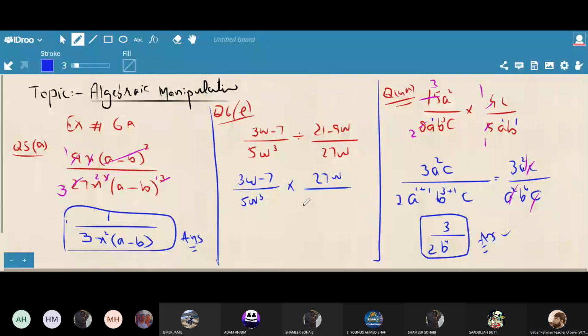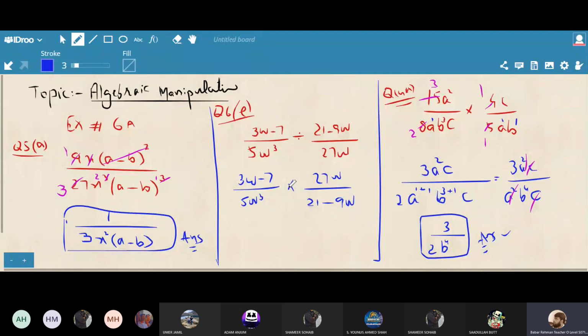No. We should not flip or reciprocal the fraction which is written before the division. We should flip or reciprocal the fraction which is written after the division sign.